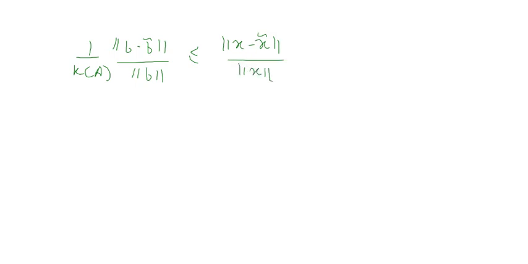If you combine it with the previous one, this is less than or equal to K of A times norm of B minus B tilde by norm B. So you have got both the lower bound as well as the upper bound.